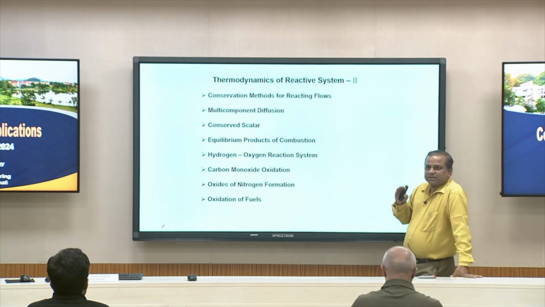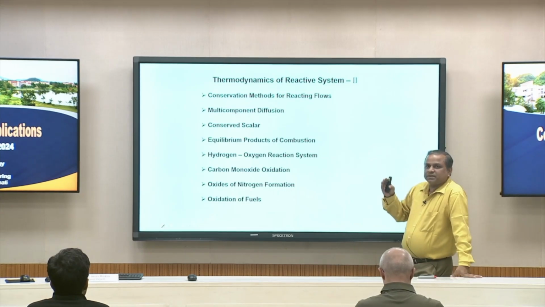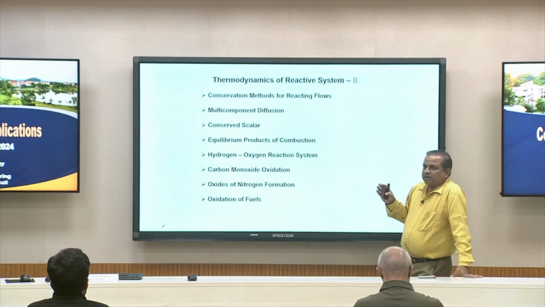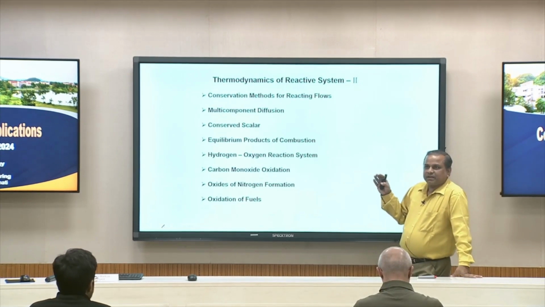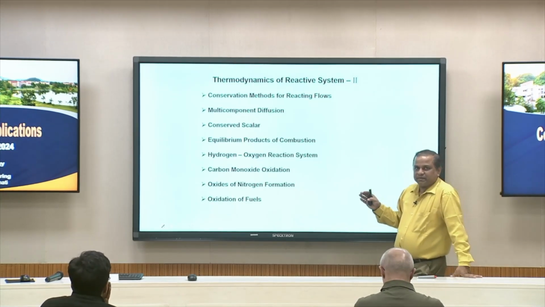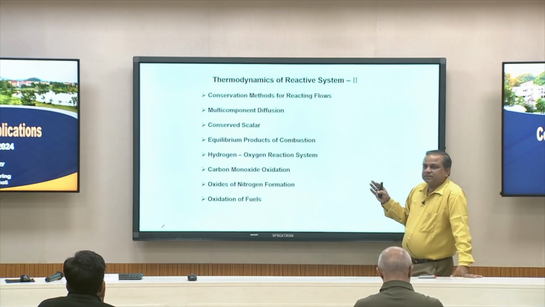Three fundamental equations: mass, energy and momentum. These are typically used in fluid mechanics. Thermodynamically, we say that first law and second law analysis has to be satisfied. Third, bring combustion into the picture.